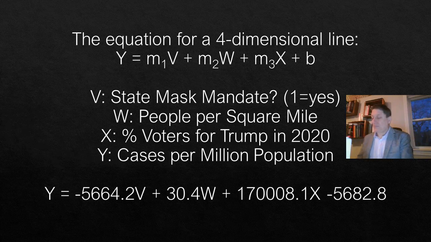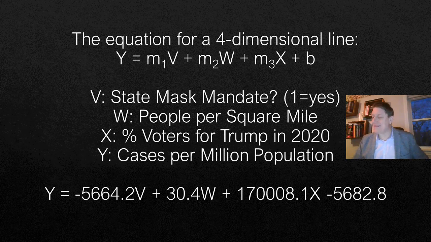And as you think about the voters for Trump in 2020, and that percentage, which goes between 0 and 1, where 1 is 100% and 0 is 0%, the difference between states that vote strongly and not strongly is in the six figures.